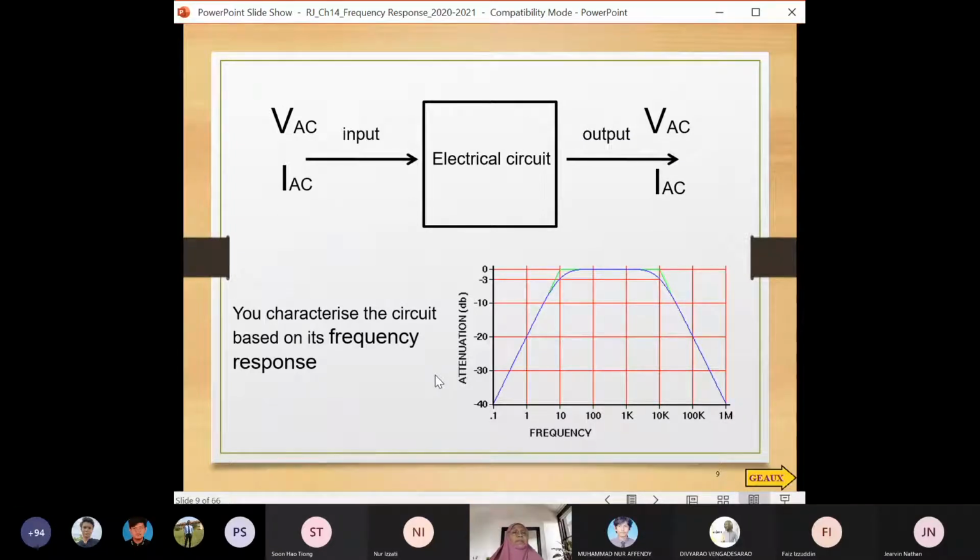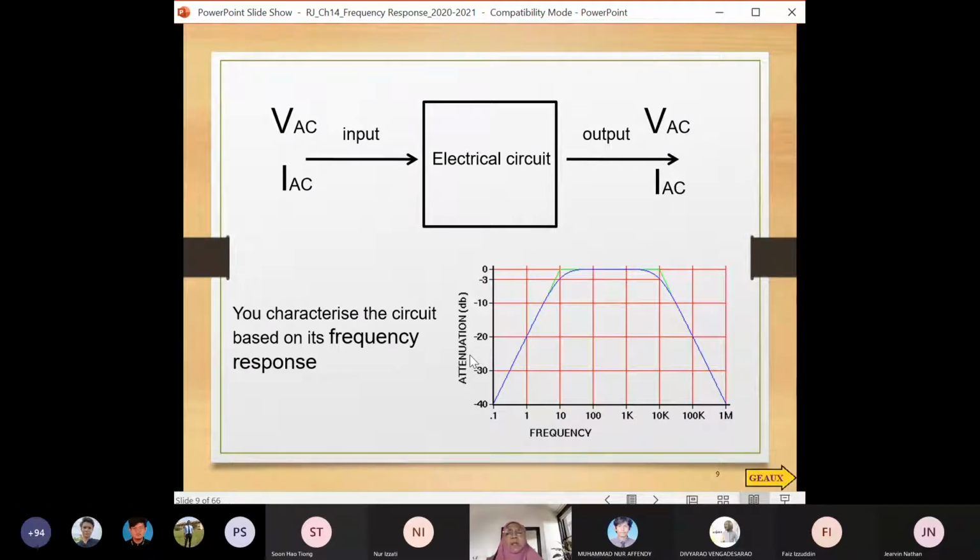Okay, now if you observe the characteristics of the circuit based on the frequency response, you want to observe the effect on the input current and voltage and the output current and voltage. And you can see the attenuation in terms of dB.